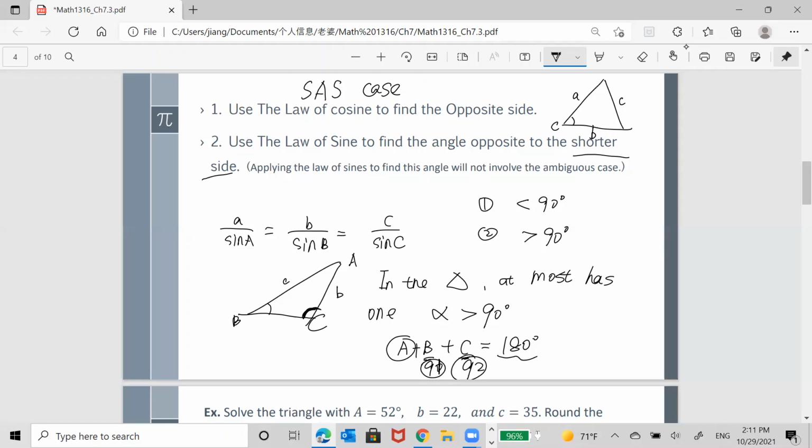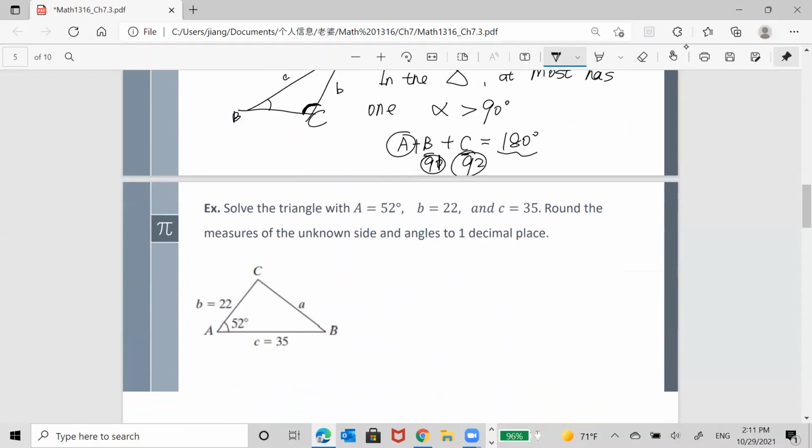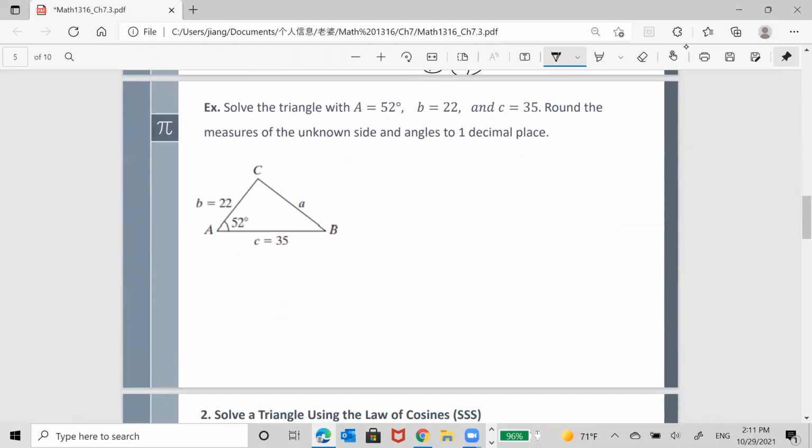Because from the second step, we can always find an acute angle. It brings us fewer problems and fewer mistakes. So follow these two steps to solve a triangle by the SAS case.